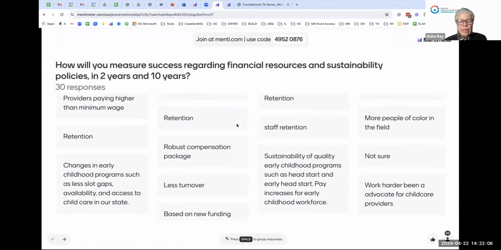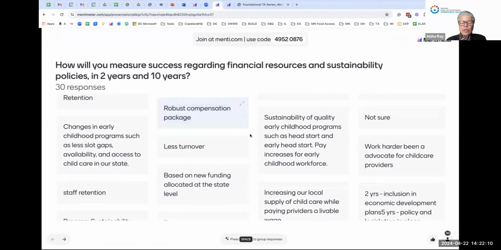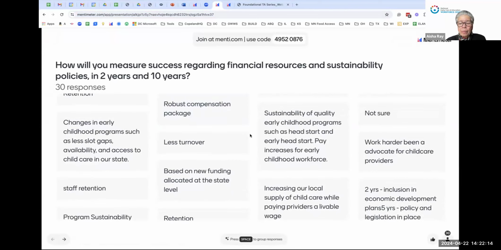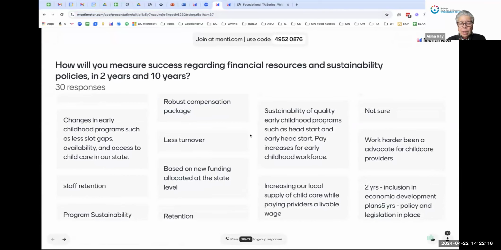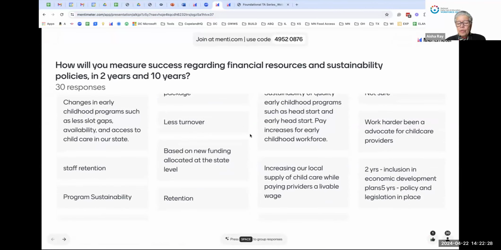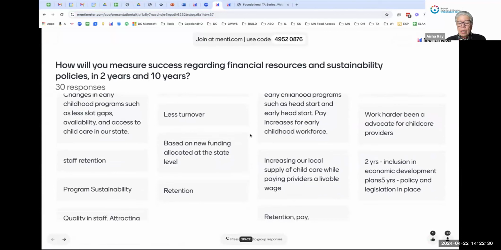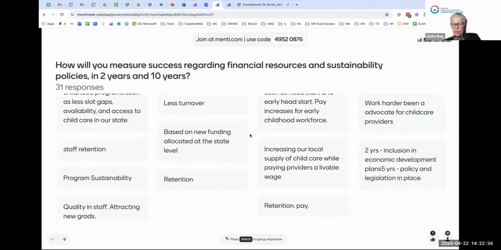Great. So we have 29 responses. And as you can see, there's a lot of variation here, but a lot of commonality. Retention is a key issue for many at 2 years. Robust compensation package, sustainability of quality early care programs such as Head Start and Early Head Start, pay increases for early childhood workers, work harder, been an advocate for childcare providers.